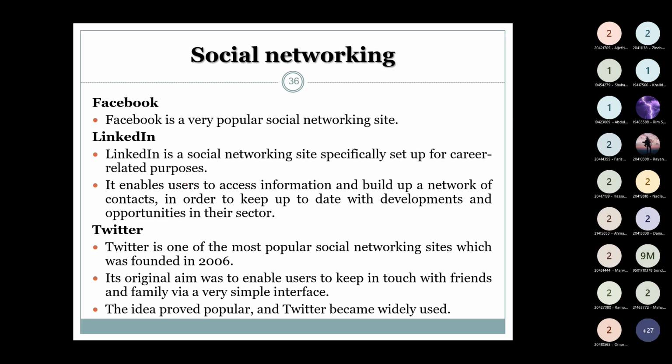your profile. Twitter is one of the most popular social networking sites, which was founded in 2006. Its original aim was to enable users to keep in touch with friends and family via a very simple interface. The idea proved popular and Twitter became widely used.